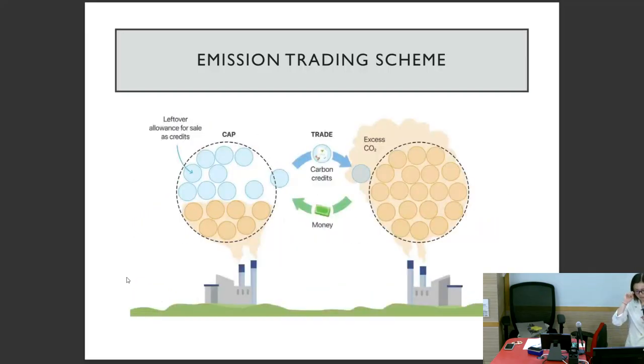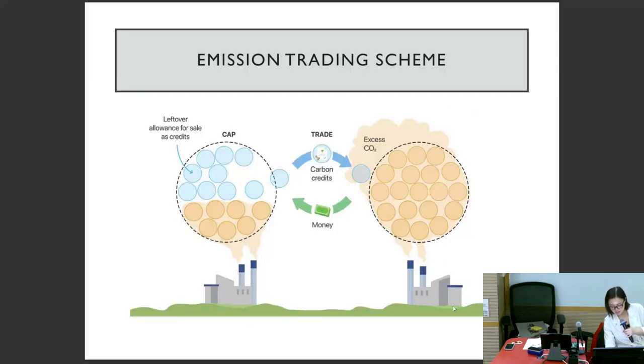This diagram is explaining the emission trading scheme. Here we have two companies. This company will emit this amount of emissions, and these are the excess allowance distributed. So this big circle is the cap, the maximum emissions allowed for this company.